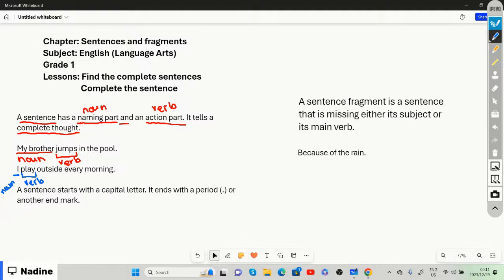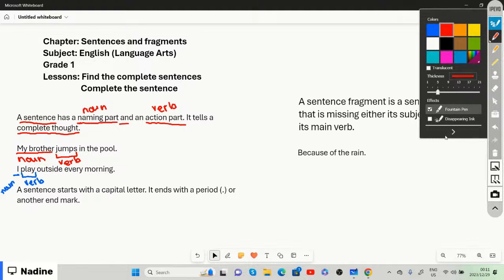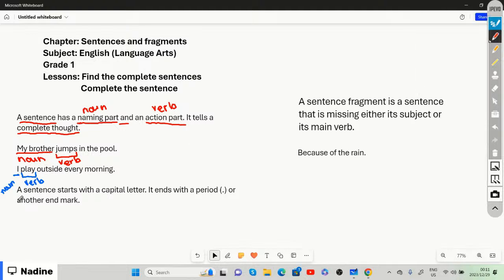And remember, a sentence always starts with a capital letter. And a sentence ends with a period, or it ends with another end mark.